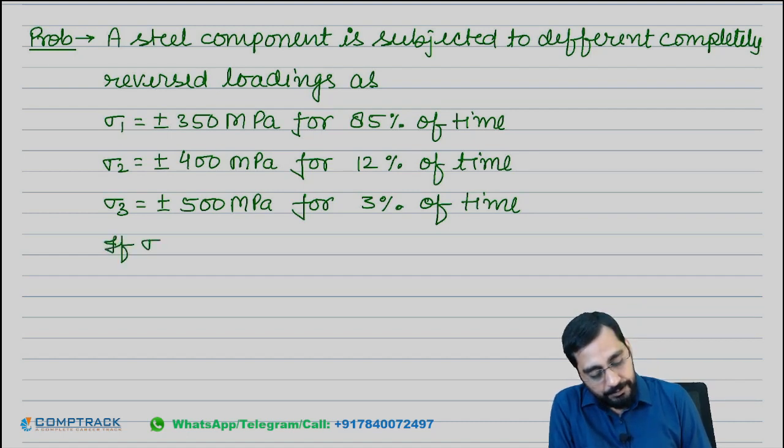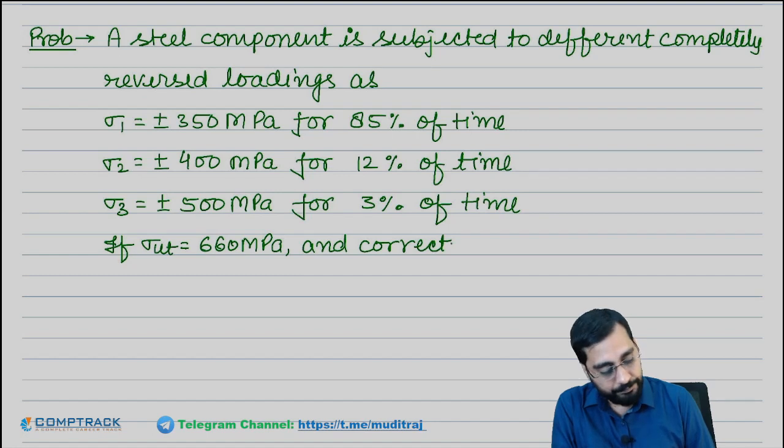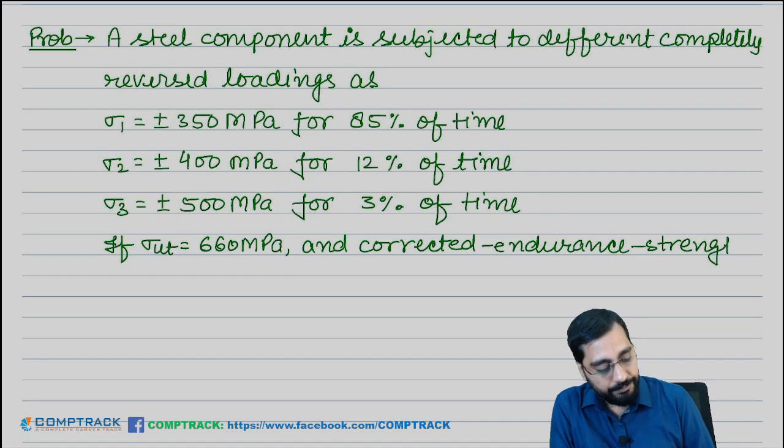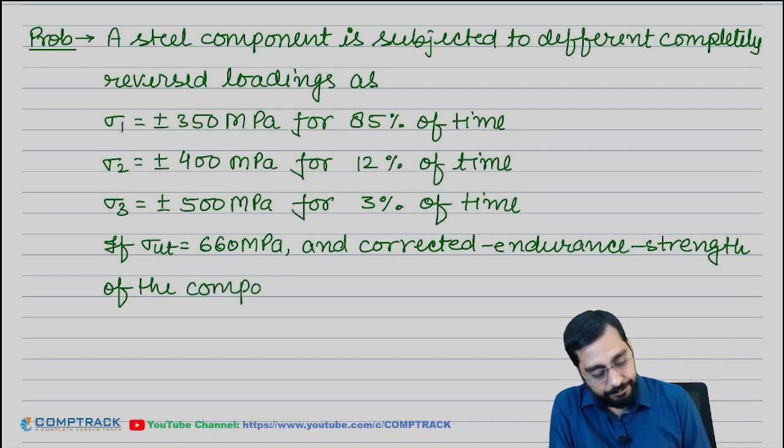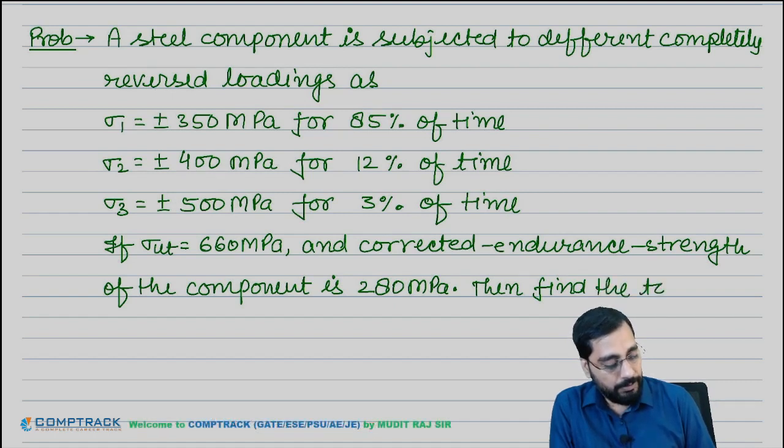If sigma ut equals 660 megapascal and corrected endurance strength of the component is 280 megapascal, then find the total life of component.